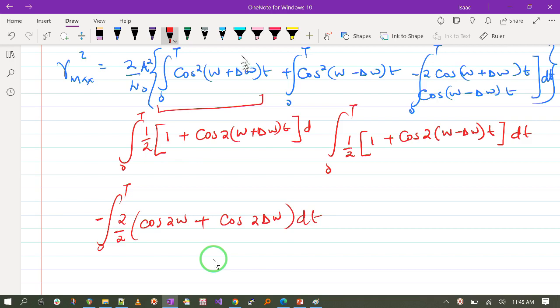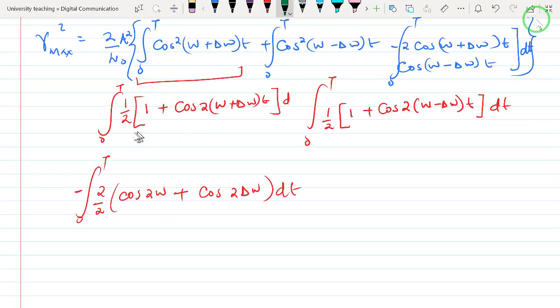So we will now want to simplify this further and see how it becomes. What we know is that when you integrate, this one becomes sine, and we have already seen that this term goes to 0, and this term goes to 0. Also this term will go to 0 as well when you integrate, because cos of 2 omega t becomes sine of 2 omega t divided by 2 omega.